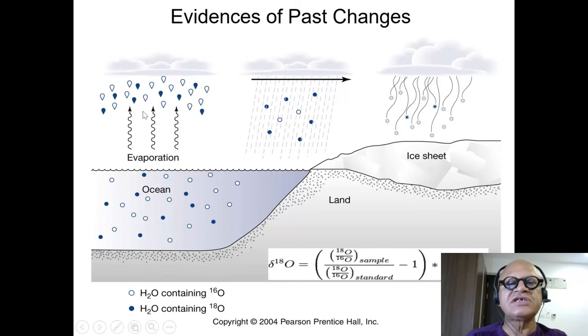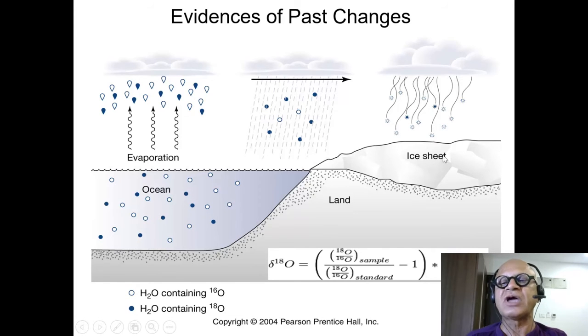So more O16 was picked up, but whatever O18 remains, more of it will fall as rain. So the snow that reaches the continents, for example, has highly enriched H2O16 in it, because less O18 was picked up, a lot of the O18 fell out as rain back on the ocean or on land, and very little of the O18 made it into snow.